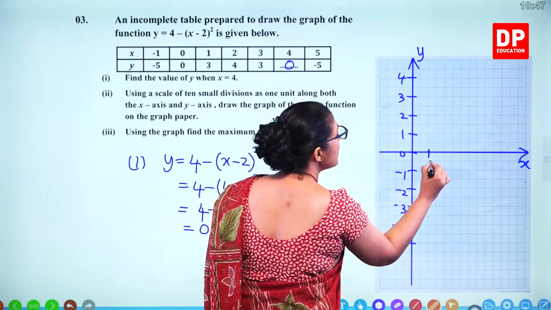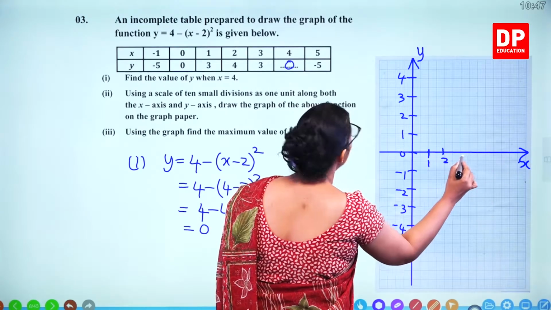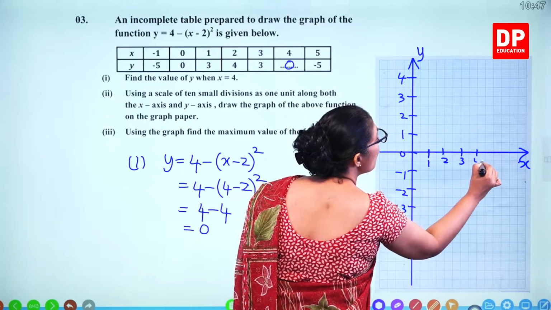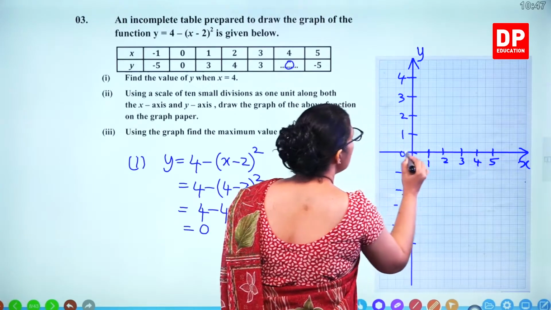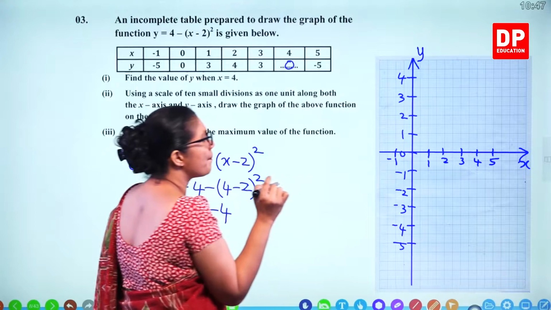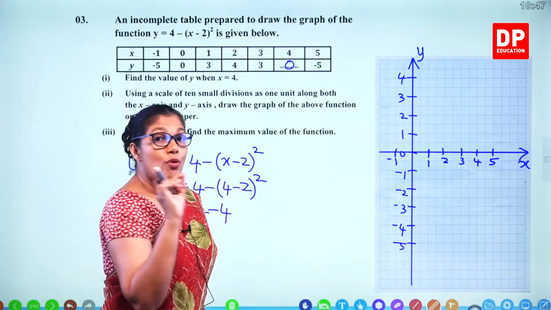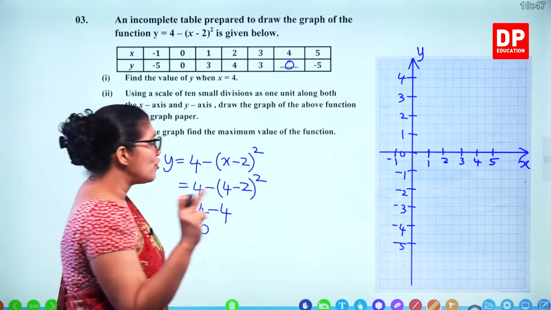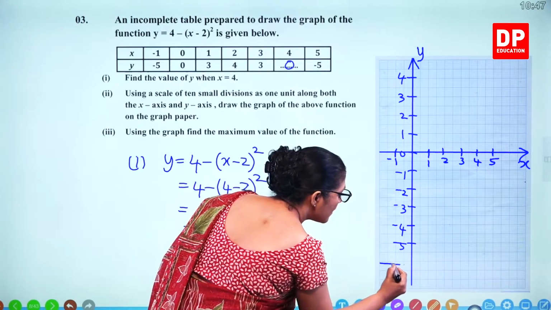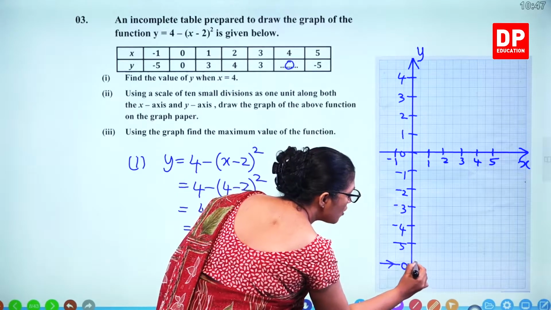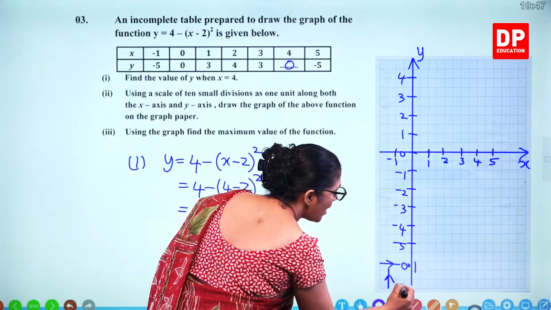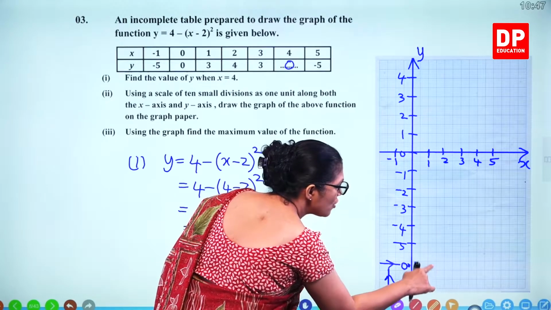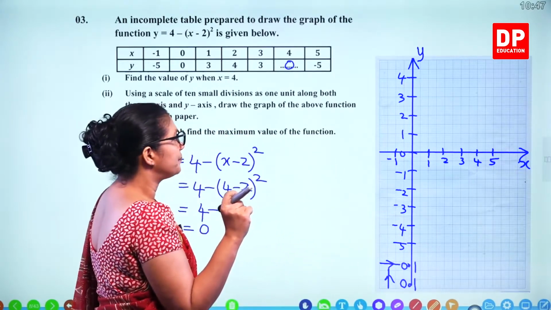So you can mark it 1, 2, 3, 4, 5. Here only minus 1. So that's the scale. So 10 small squares is 1 unit. Each side, this way, one small square is 0.1 and this way also one small square is 0.1.